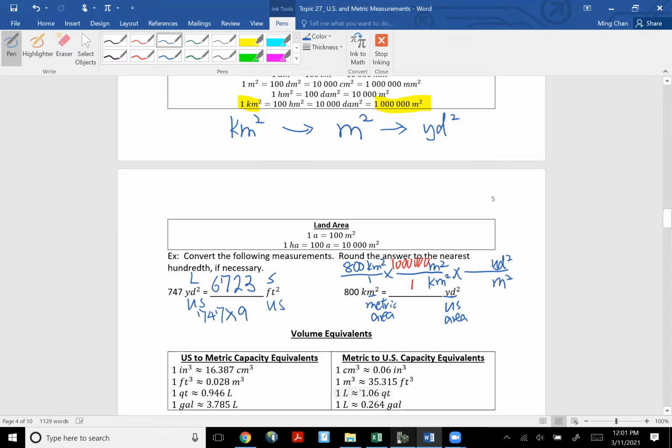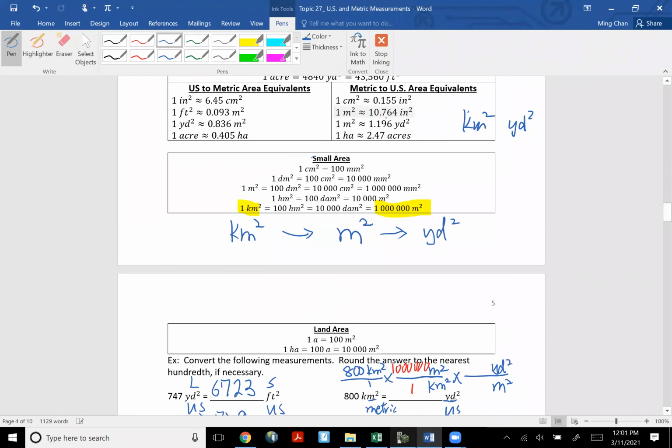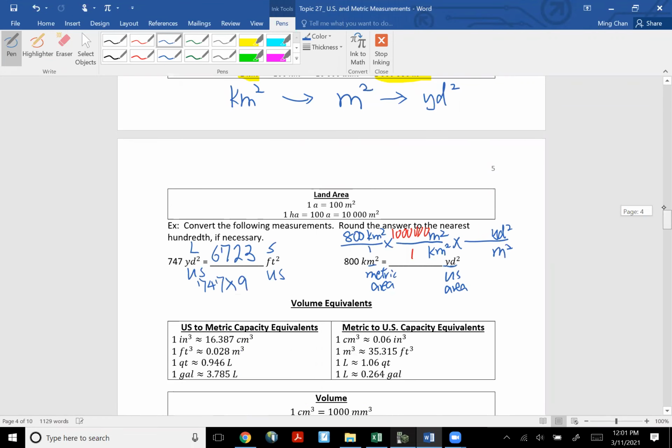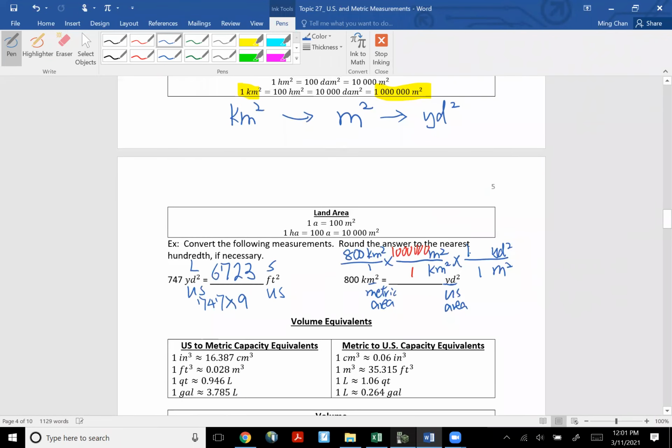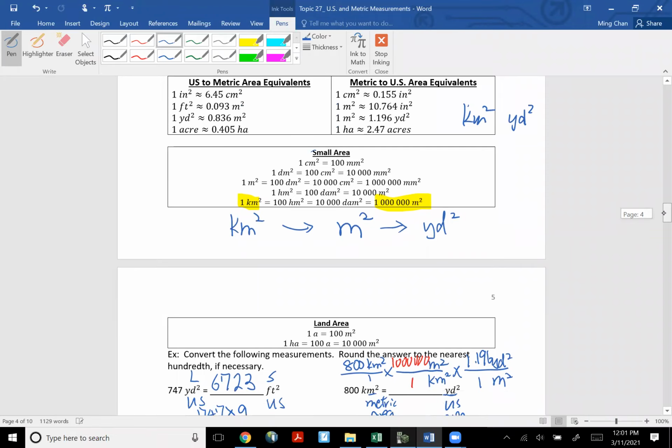Remember there was a direct conversion between square meter to square yard, 1.196. 1 square meter, 1.196 square yard. Okay. So now all I have to do is cancel out the kilometers. Square meter cancels out.